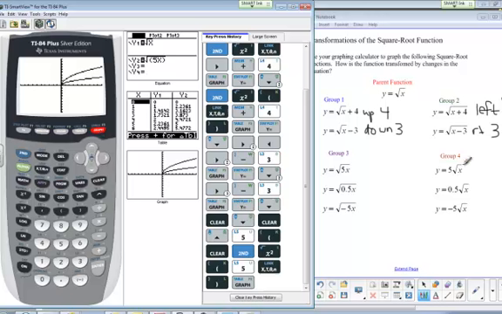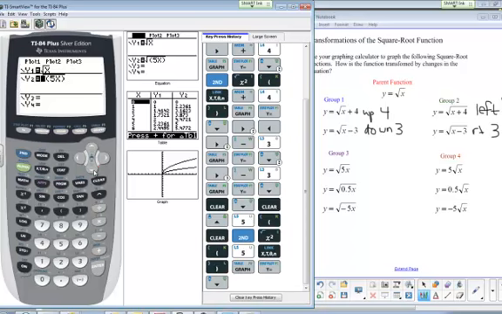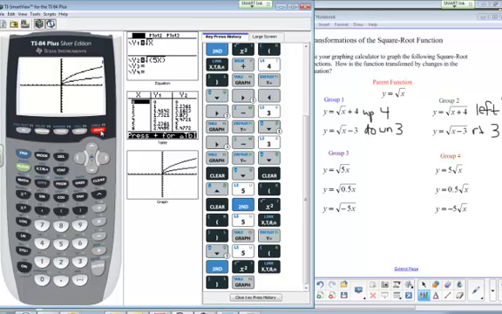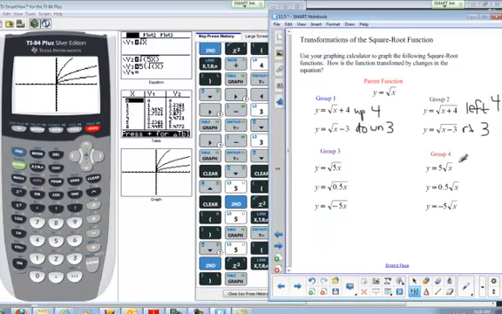How do you think the 5 out front is going to change things? 5 times the square root of x. Wow, that makes it quite a bit steeper, because you're multiplying the square root of x answer times 5. So this is where it becomes 5 times steeper.